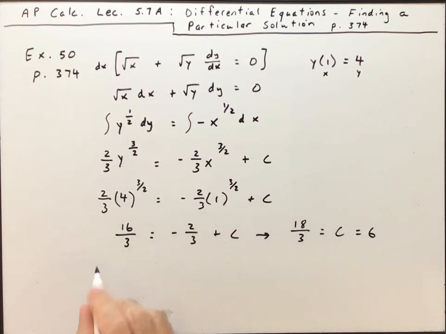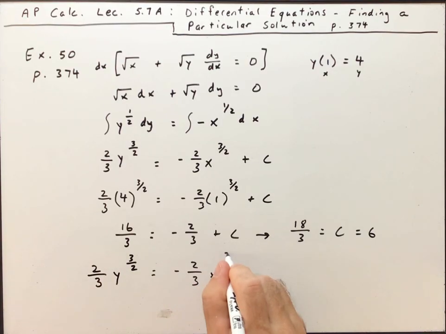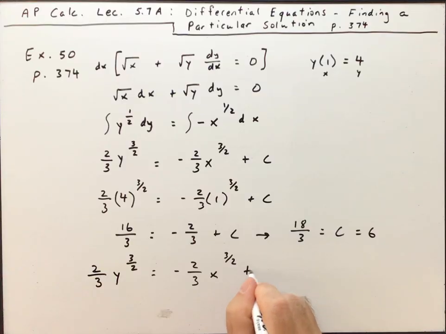So our particular solution would be 2/3 times y to the 3/2 is equal to negative 2/3 times x to the 3/2 plus 6. And I believe the book pulls this negative 2/3 x to 3/2 over to the left and makes it positive, sets it equal to 6. Doesn't really matter.